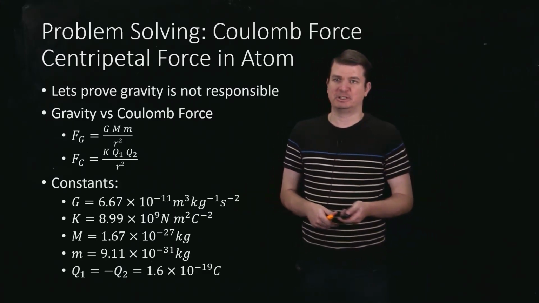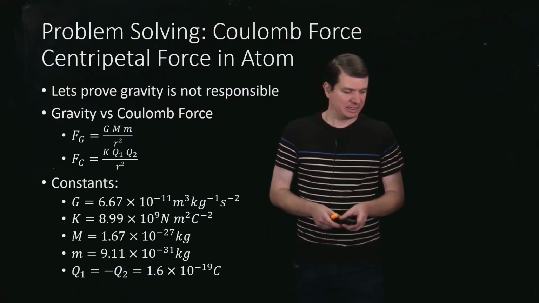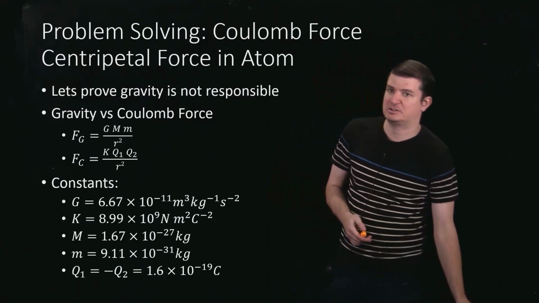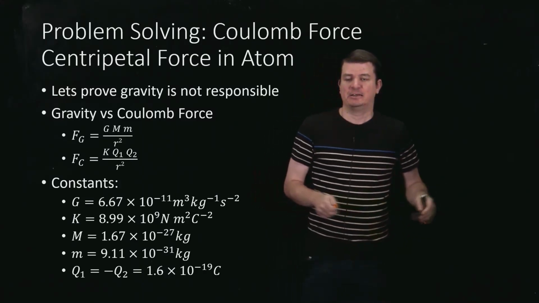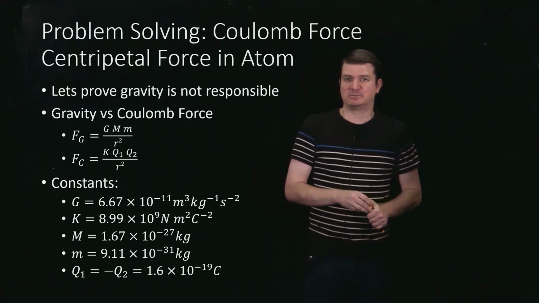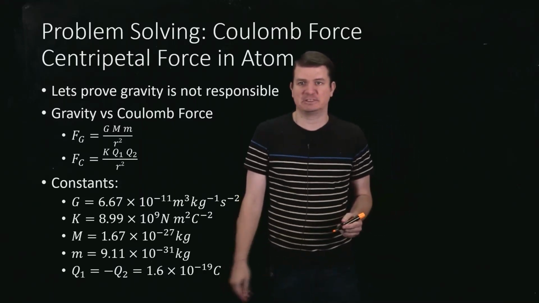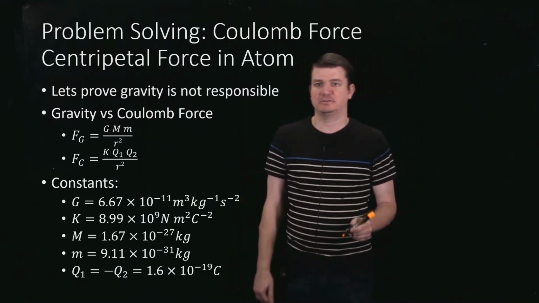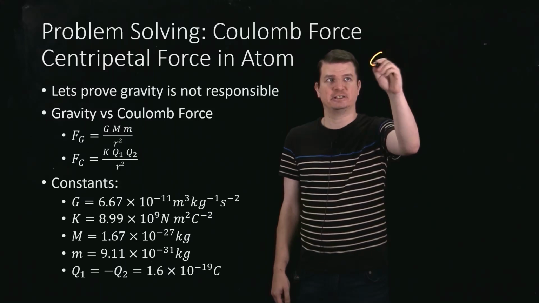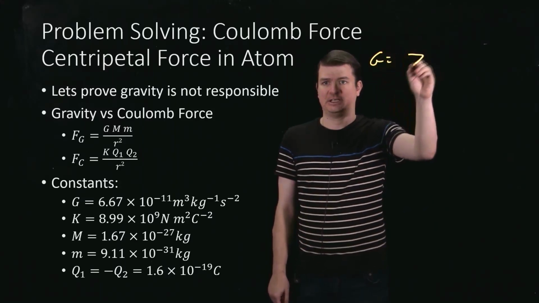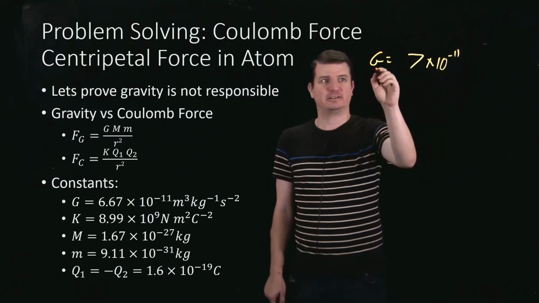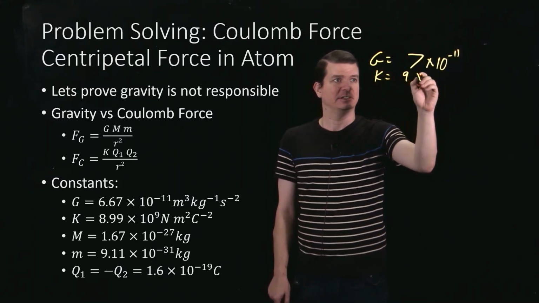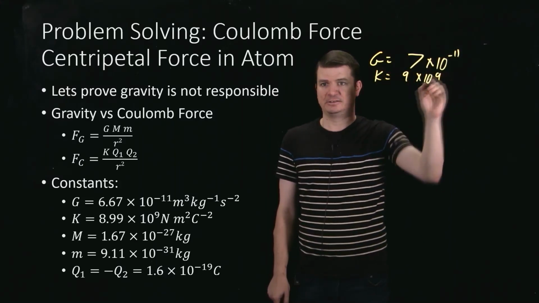Let's remind ourselves of some constants, and then just go ahead and plug those in and see what we can calculate. Because I'm doing this here, I'm just going to be rounding some stuff. First, I'll define G as, say, 7 times 10 to the negative 11. We'll define k as just 9 times 10 to the 9.